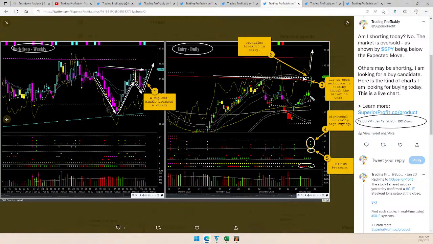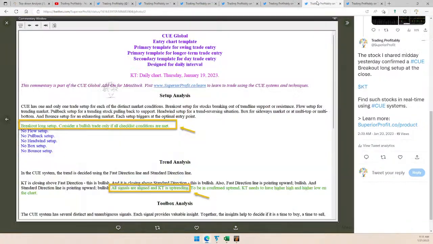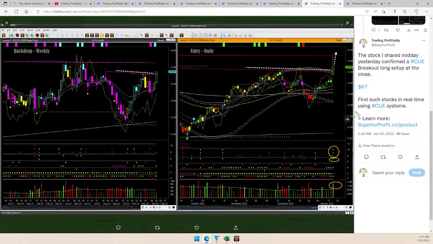So this was the kind of chart I was looking at, looking to buy, and I shared it at midday, and I further confirmed the buy setup at the close of the day, and that time I also announced or publicized the ticker symbol, that was KT, Korea Telecom, a South Korean company also listed in the USA.